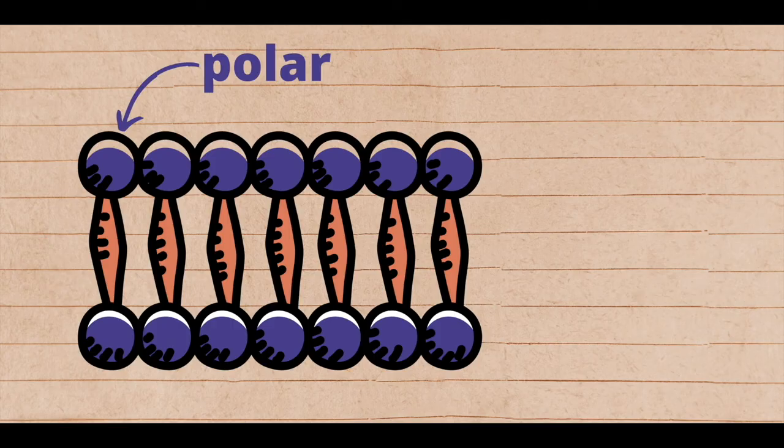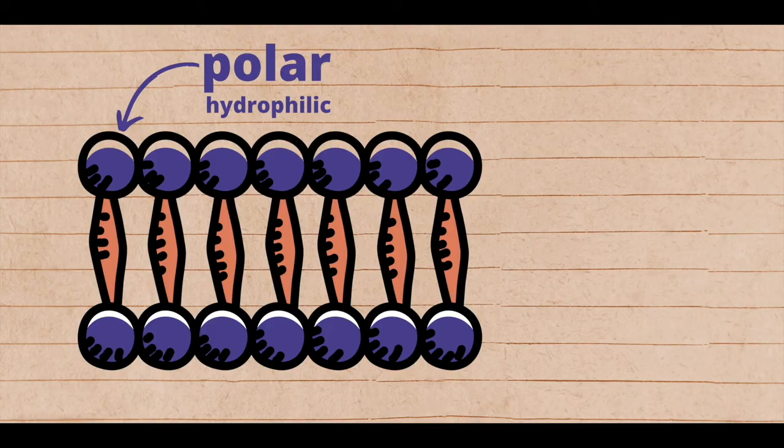They are water-loving, which is called hydrophilic. It's important that the heads are on the outer layer of this phospholipid bilayer because we have water on the inside of the cell and water on the outside of the cell, so they can easily interact with the molecules within the water.